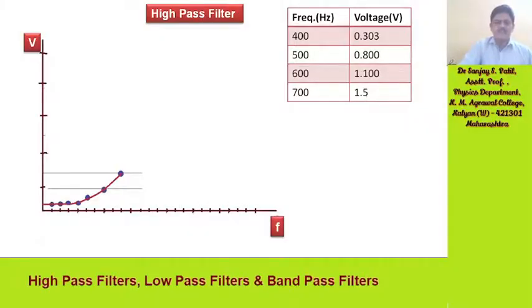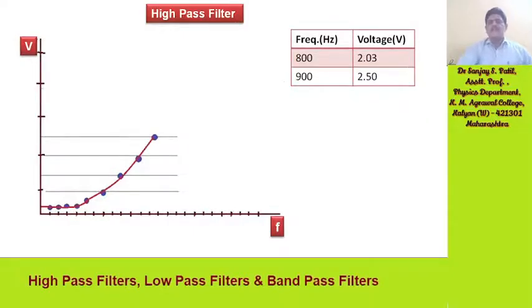So this is all about frequency versus voltage. See here, at 800 Hz, the voltage is 2.03. At 900 Hz, the voltage is 2.50 volt. The voltage is on the y-axis and the frequency on the x-axis, so a voltage versus frequency graph is plotted.